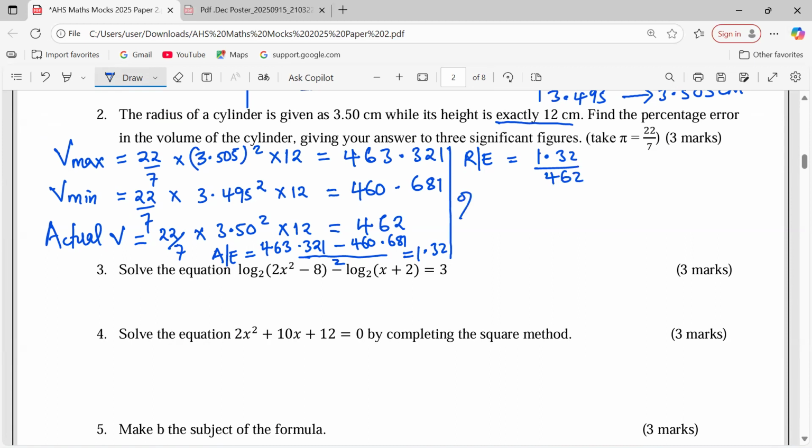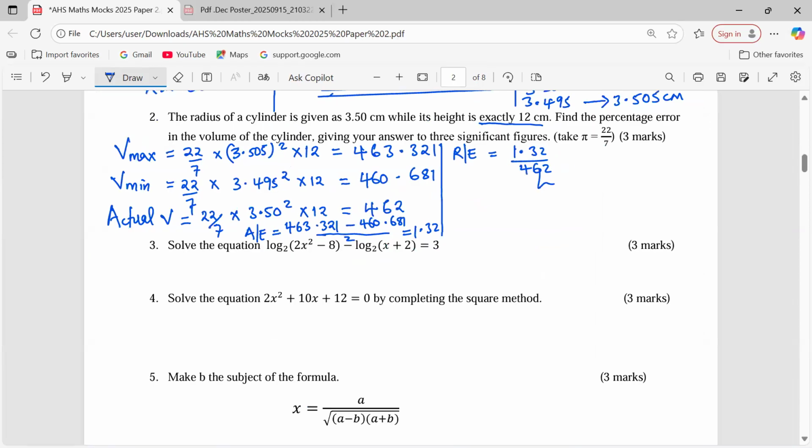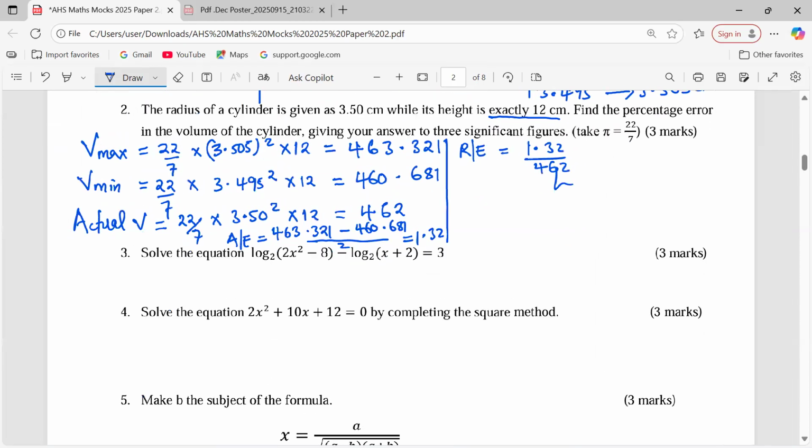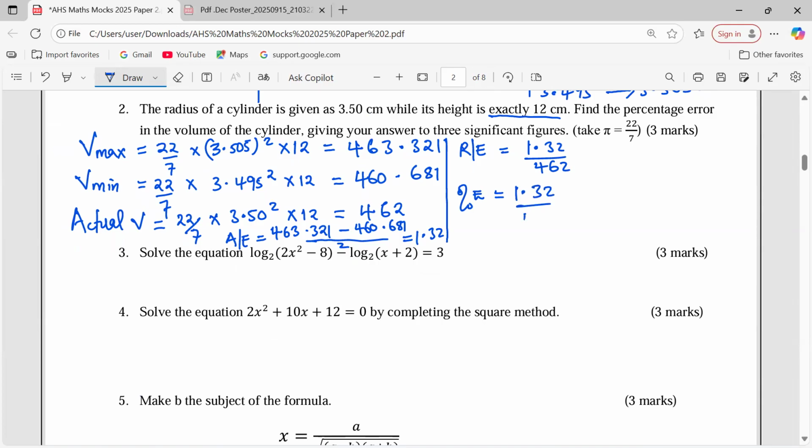Then for us to get the percentage error, we will need the relative error, which is here, expressed as a percentage.